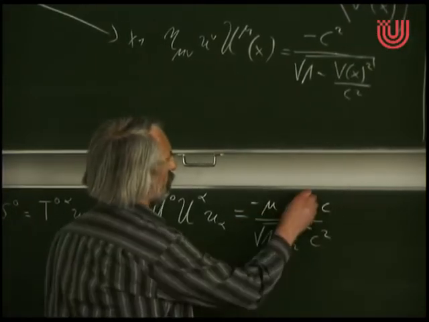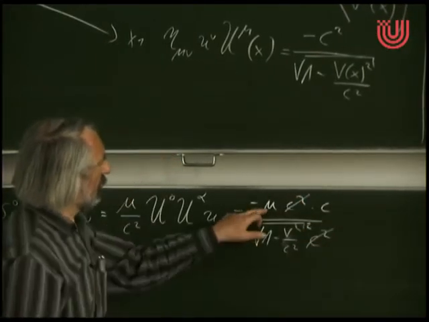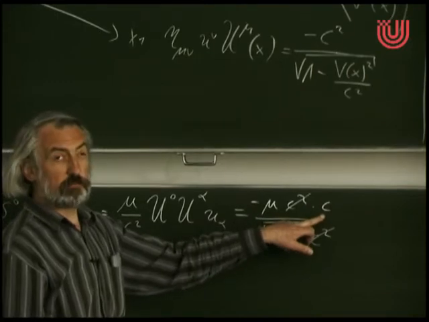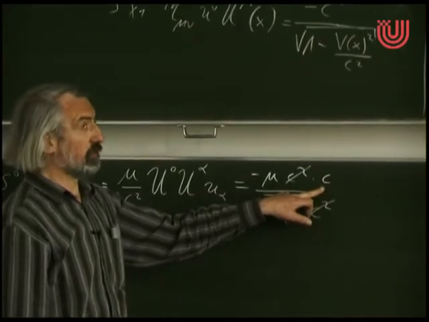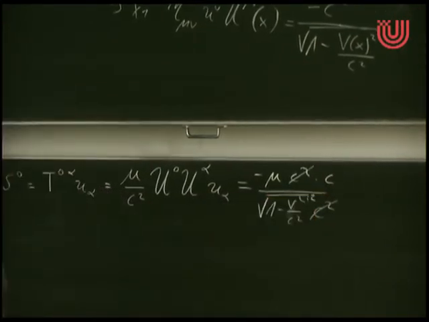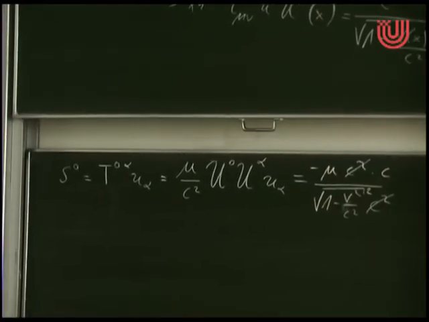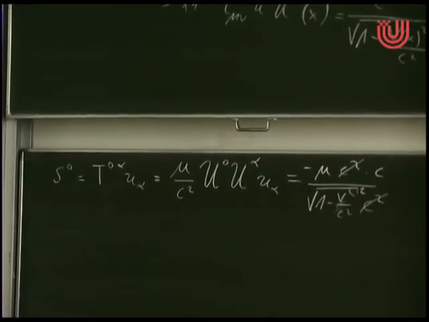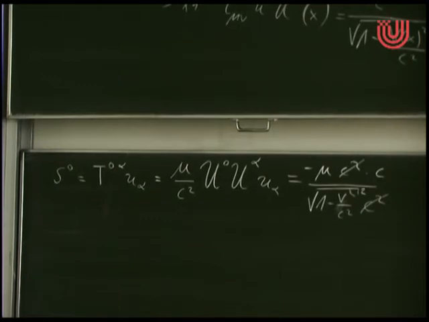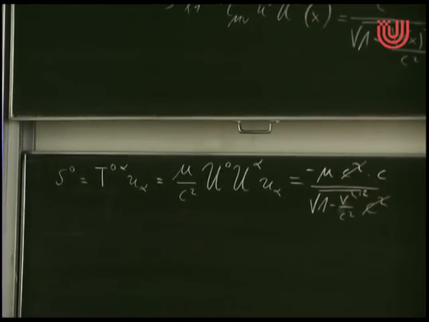Mu, oh, so this would cancel. I have mu times C. Mu times C squared would be an energy density. I wanted to have the energy density, but again I have a factor C wrong. So these factors C really kill me.